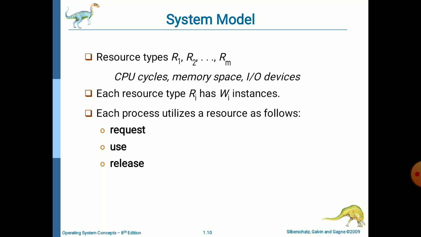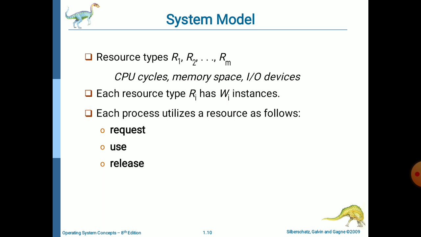The resources may be CPU cycles, memory space, IO devices, etc. And each resource type Ri has some instances, for example, pen drive slots may be more than two. A pen drive slot is an input output device. There are many instances like that. W instances may be present for a resource R.